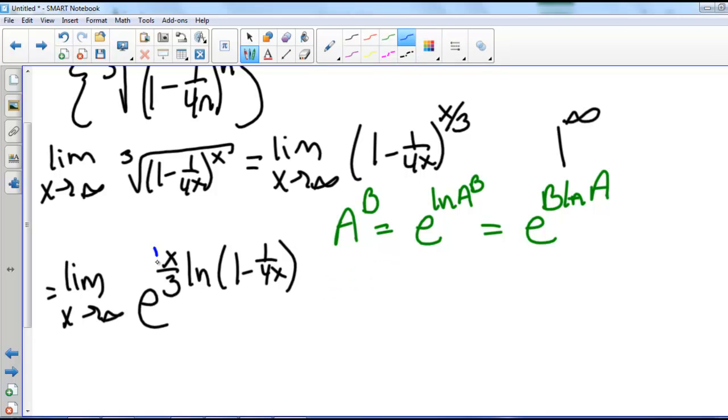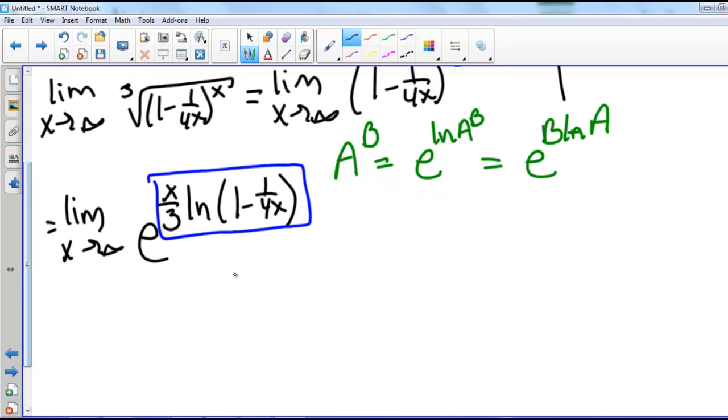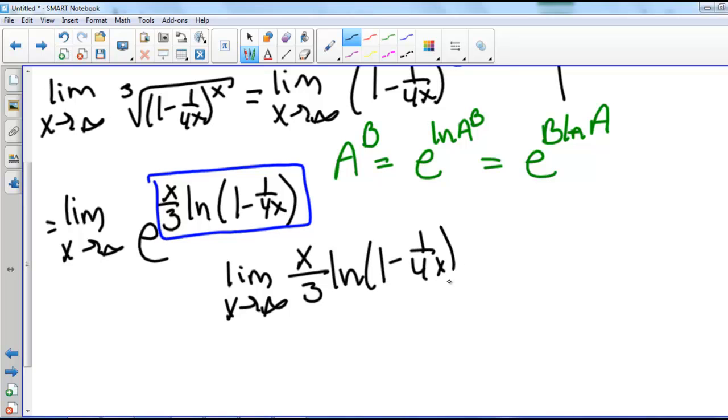So now we focus on the inside. We're going to find the limit as x goes to infinity of x divided by 3 times natural log of 1 minus 1 over 4x.